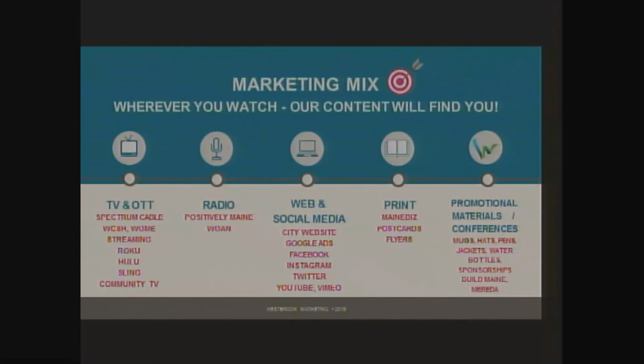And they've become very popular. People are asking for them and they want them. So that helps build our brand and get the logo out there and make it recognizable. And Build Maine, these are conferences. We will have a booth at Build Maine in June, with the big booth that we got last year.